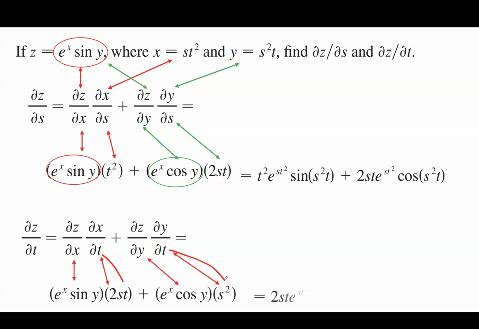We get 2st e to the power st squared sine of y, which is s squared t, plus s squared e to the power x, which is st squared, times cosine of y, which is cosine of s squared t. Please pay attention here: x is st squared and y is s squared t.